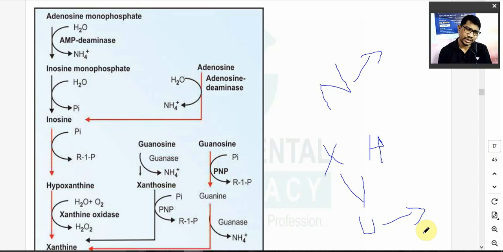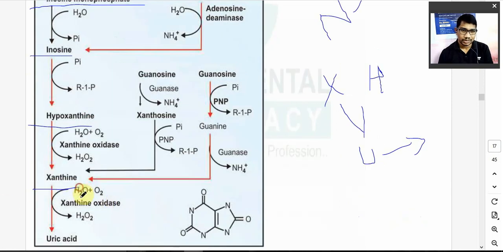Okay, now same uric acid get deposited in the kidney and causes the kidney stone also. So adenine monophosphate जो होता है न्यूक्लियोटाइड, उससे बनता है इनोसिन मोनोफॉस्फेट, और उससे बनता है इनोसिन, इनोसिन से बनता है हाइपोजैंथीन, हाइपोजैंथीन से बनता है जैंथीन, और जैंथीन से लास्ट बनता है यूरिक एसिड.